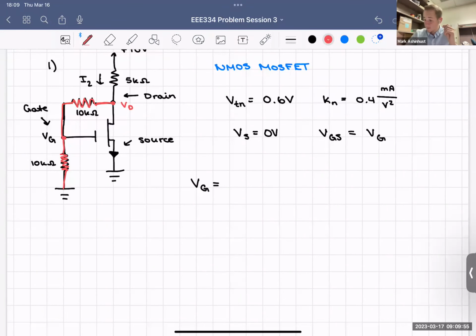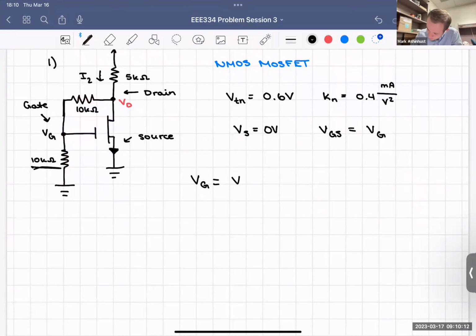It's a voltage divider. So we have a voltage divider going from VD here, the top, down to the ground we have over here, and it's over this 10K ohm resistor.